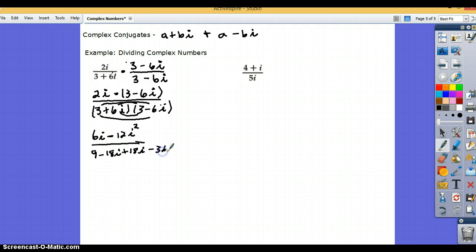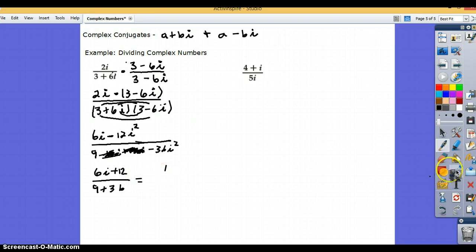minus 36i squared. All right, so that's 6i. i squared is negative 1, so negative 1 times negative 12 is a positive 12. Over, I have 9. Negative 18i and a positive 18i are 0. So again, i squared is negative 1 times negative 36, so that's plus 36.